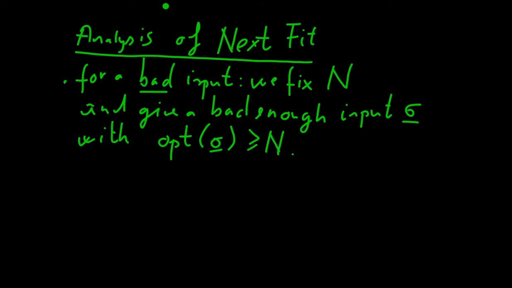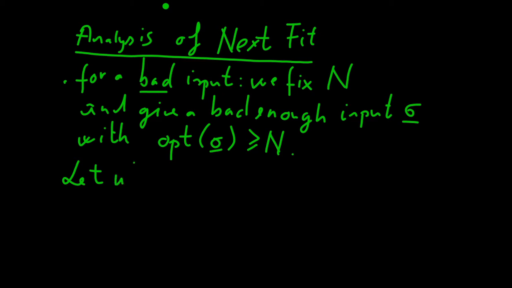Now, if you remember the bad input for next fit, it was 0.9, 0.2, 0.9, 0.2 and so on, and that's almost good, but if you have many 0.2s, then they won't fit into one single bin.